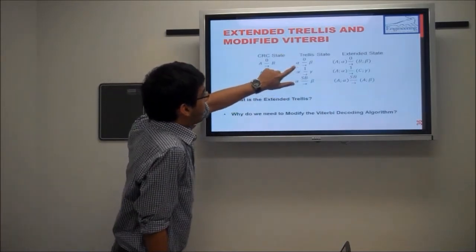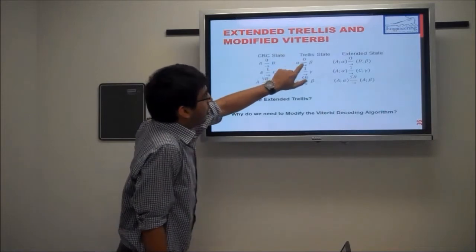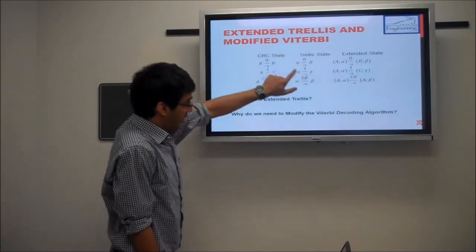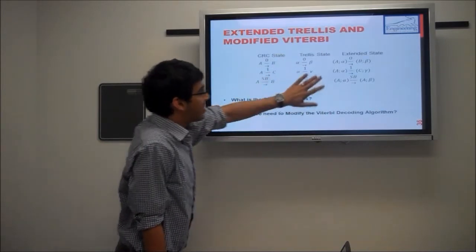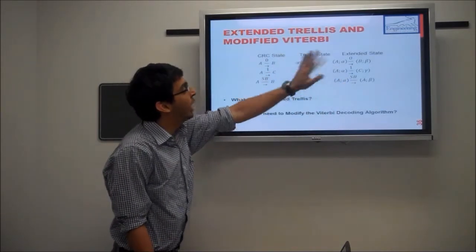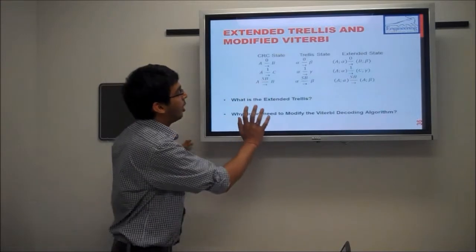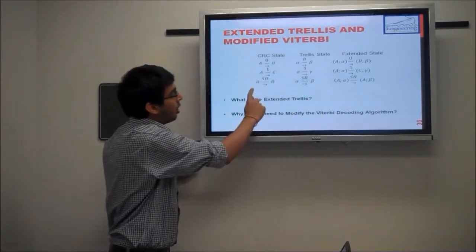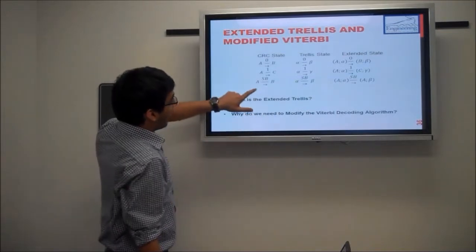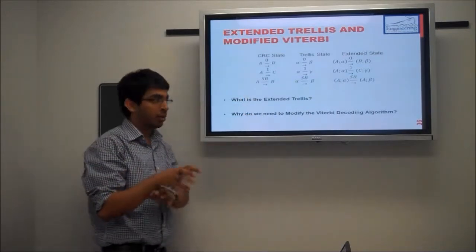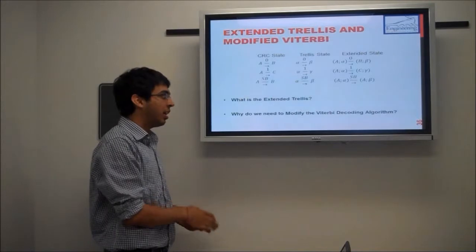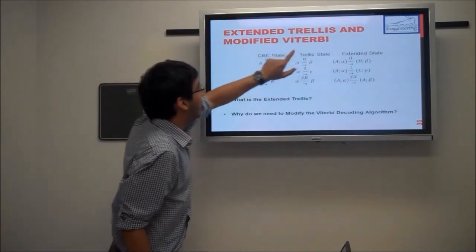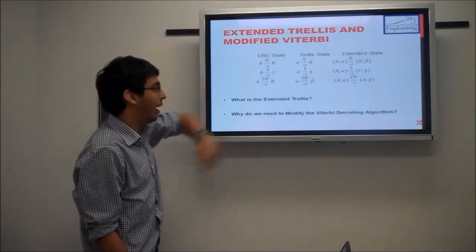Again for the trellis, if the received input bit is 0, the transition is from alpha to beta. If it is 1, it's from alpha to gamma. And then this is the extended trellis, which is a 2-dimensional trellis, which has these 2 trellis diagrams running in parallel. But again, if there is a stuffed bit encountered, because we have bit stuffing also going on here, that's exactly why we require the concept of extended trellis and the concept of modified Viterbi algorithm.